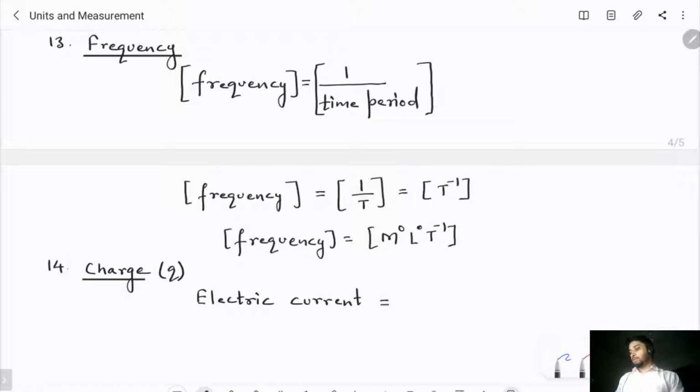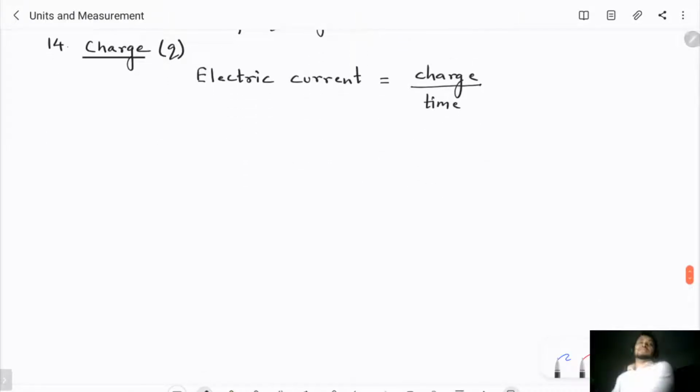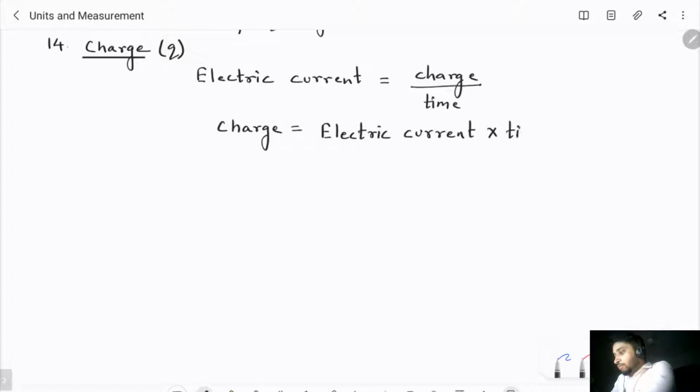Electric current formula is charge by time. So from here we will get the expression for charge, and then we'll write the dimensional formula. So charge will become electric current into time.